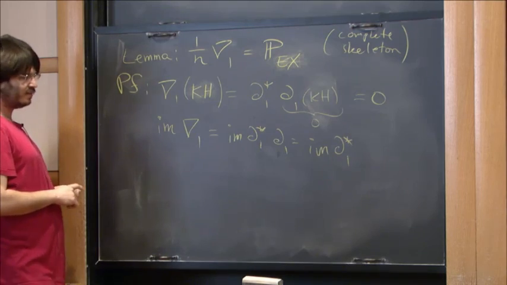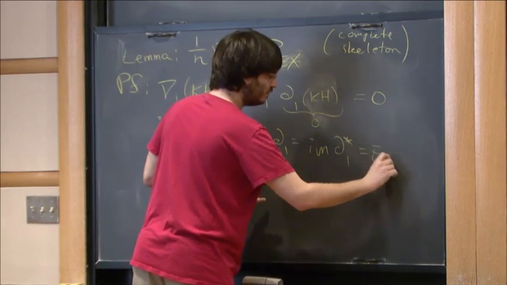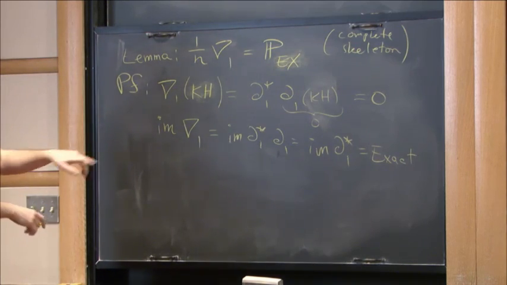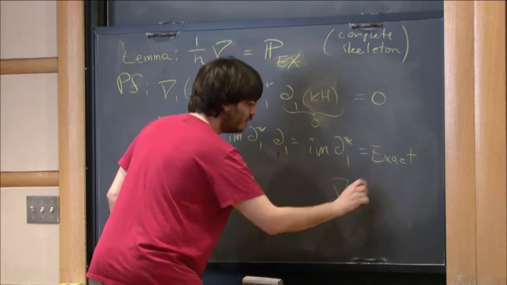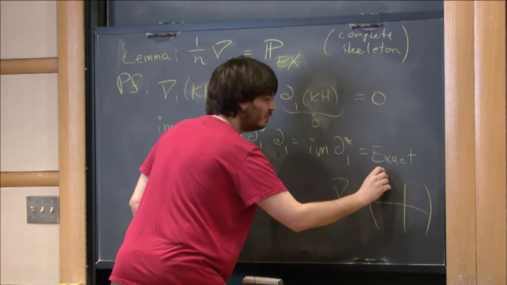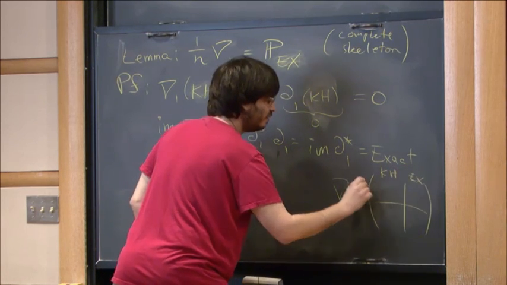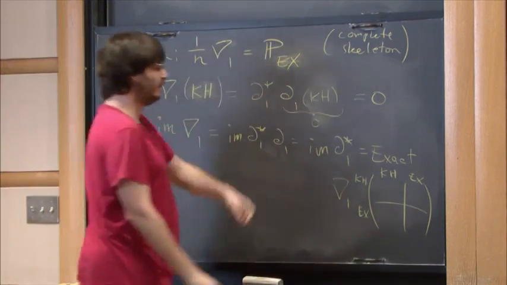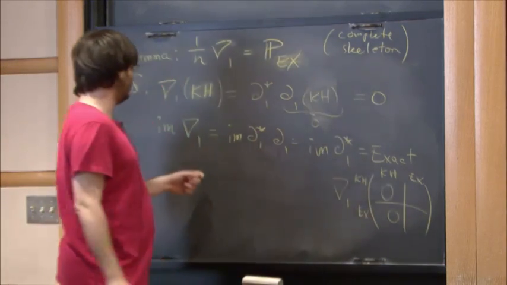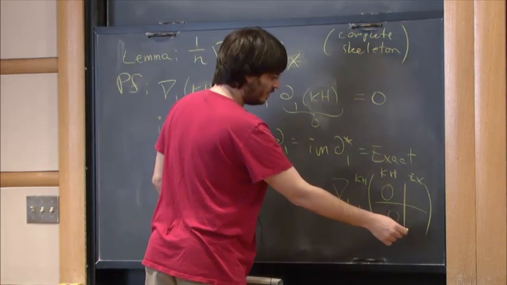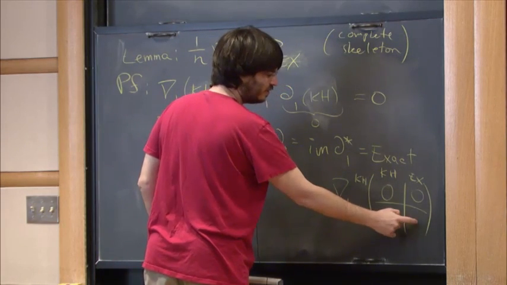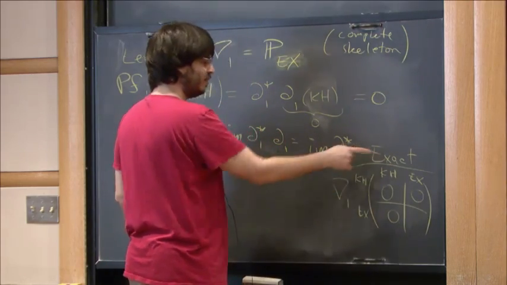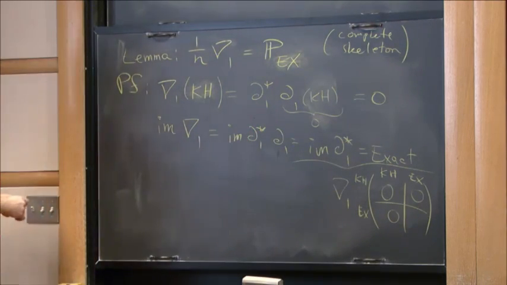So I already understand, and this is the exact. So it means that if I look now at the decomposition into Kirchhoff and exact, I already know that it sends Kirchhoff to 0, and the image is only in the exact, so it means that this is also 0. So I need to understand what happens here. And here the rank is full because the image is the entire exact.